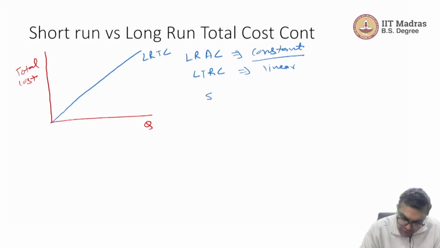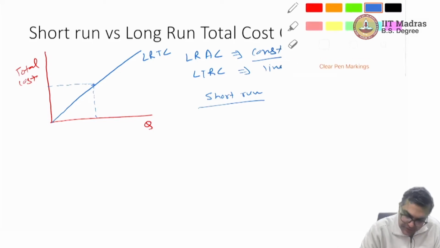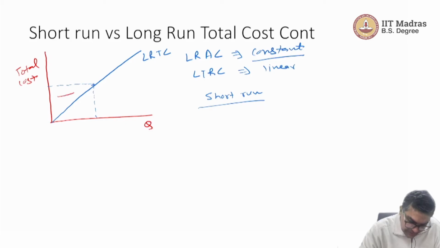How about short run cost? We figured out that if we use, let us say, the optimal value, then the short run total cost either is going to be equal to long run total cost at the corresponding level, or it is going to be higher. So, we can get something like this, and this is the short run total cost.